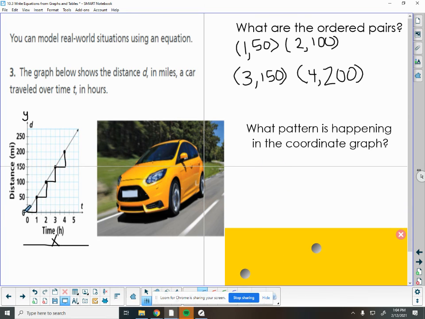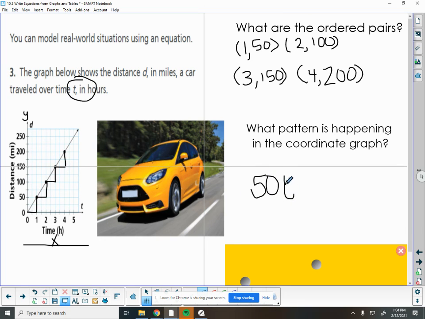So I know every time it goes over 1, it goes up 50. Over 1, up 50. So let's write an equation for that. Every time we have our time, 50 miles is our unit rate. 1 hour is 50 miles.